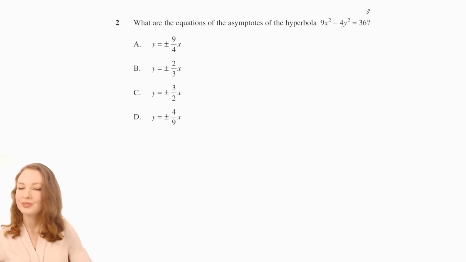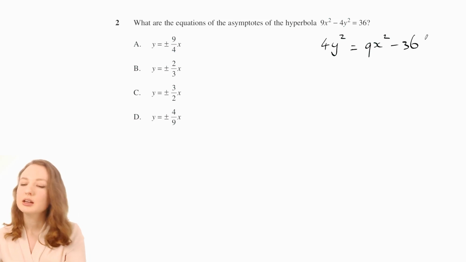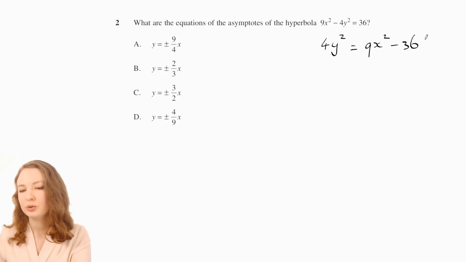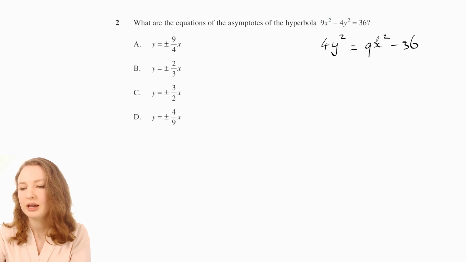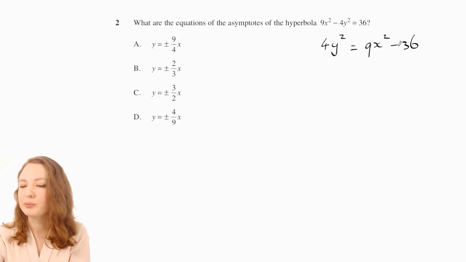Question 2. I'm just going to rearrange this a bit. So it's like 4y squared is 9x squared minus 36. Now, if you want to think about the limit as x gets really big, which is what the asymptote is, the way that I think about it is like if you imagine x is, say, 1,000, then this is 9 million.